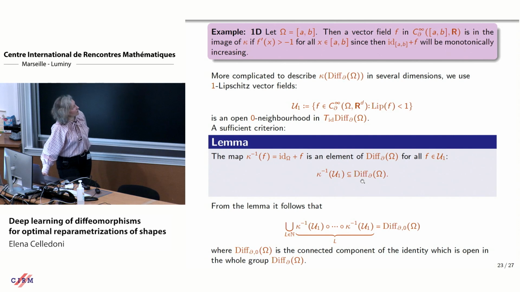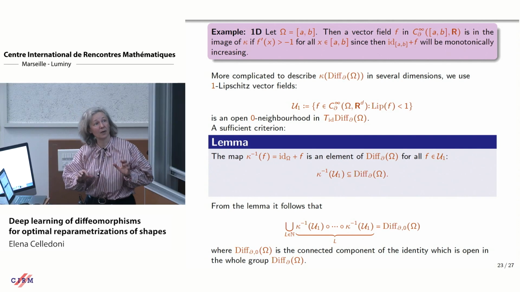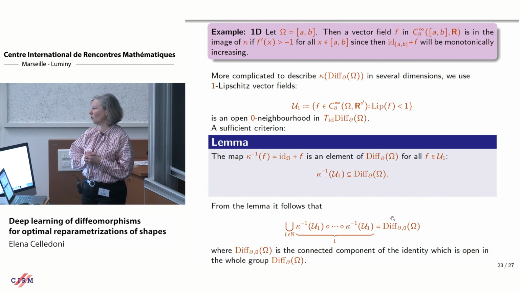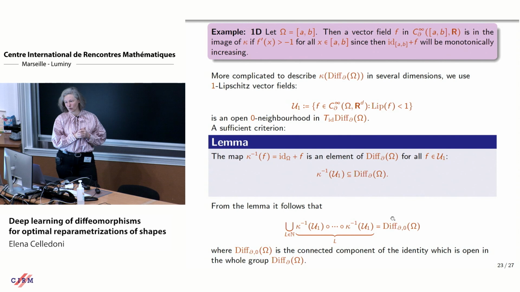Now, this fact that it's a zero neighborhood of the tangent space and that it's contained in the diffeomorphism group is sufficient to have the following: if you compose a finite number of diffeomorphisms of this type, essentially you can get the whole diffeomorphism group back.